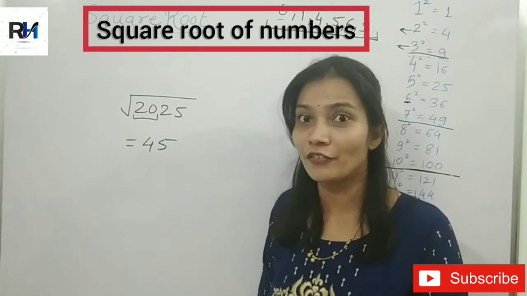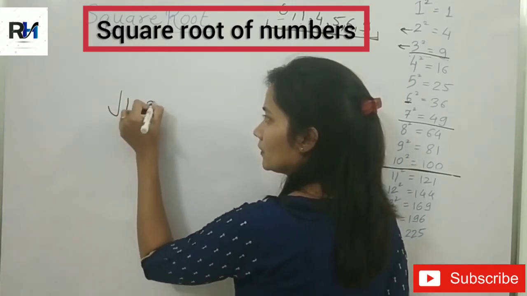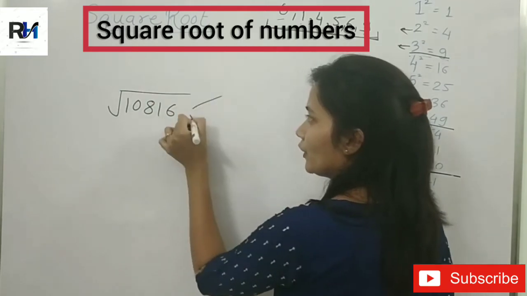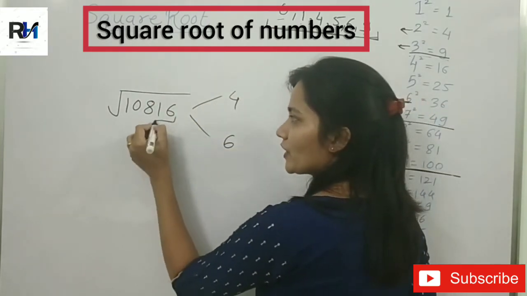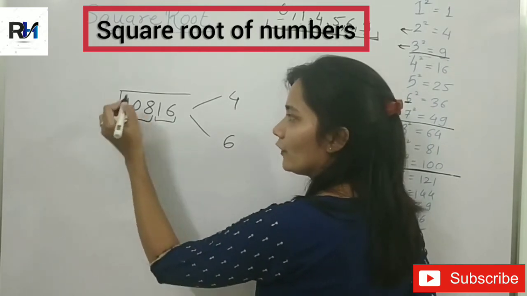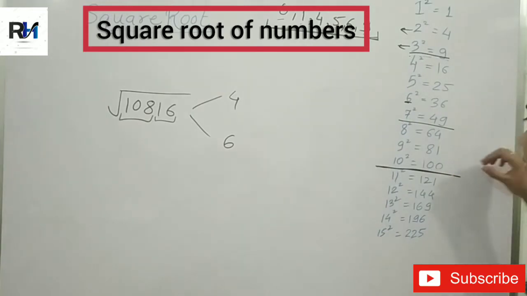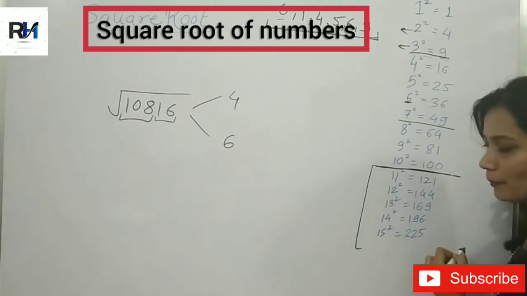Let us take a 5-digit number also. If we want to calculate the square root of 10816, group the last 2 digits and the remaining in one group. Now we have to check for 108. See why we should know squares up to 15.